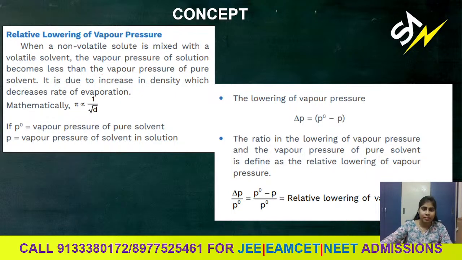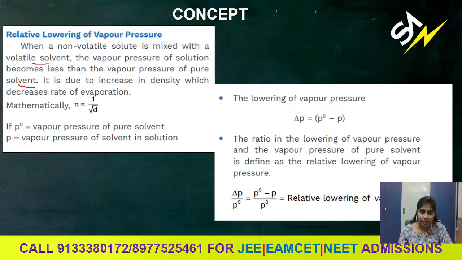Relative lowering of vapor pressure. See, what is relative lowering of vapor pressure? This is applied for a non-volatile solute. When a non-volatile solute is mixed with a volatile solvent, the vapor pressure of the solution becomes less than the vapor pressure of the pure solvent.